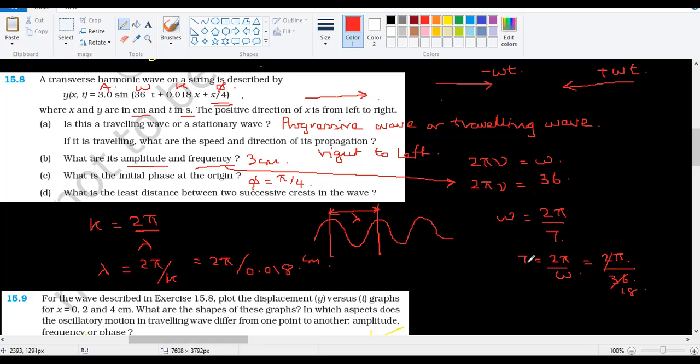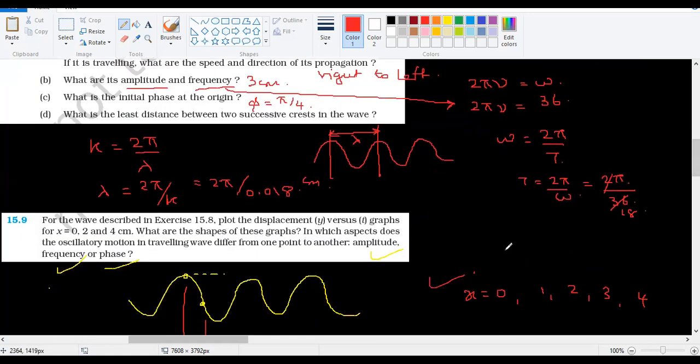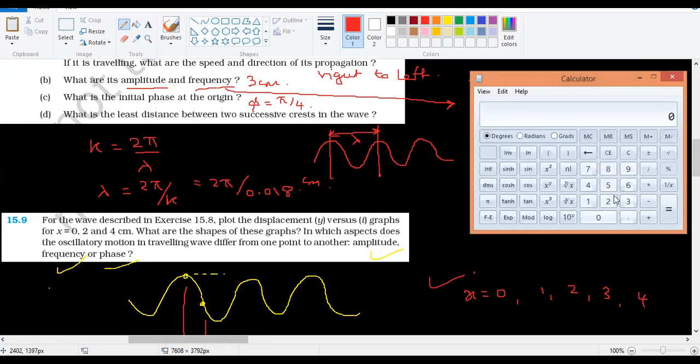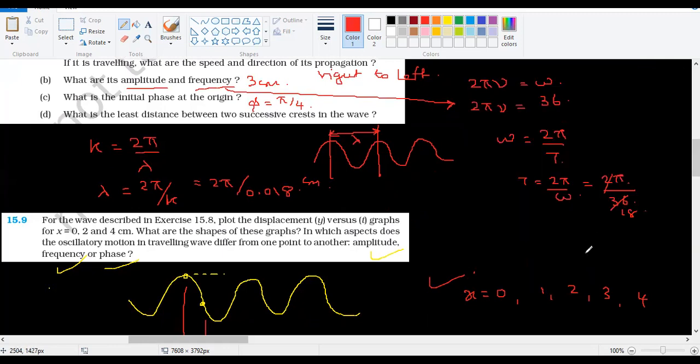I think when they ask you to plot, we may have to plot it for one full time period. Okay, so what is the rate? So pi by 18 will come as 3.14 divided by 18, which is 0.174.